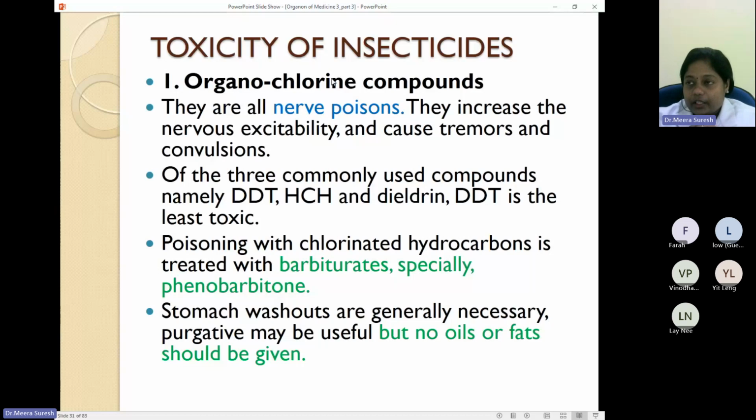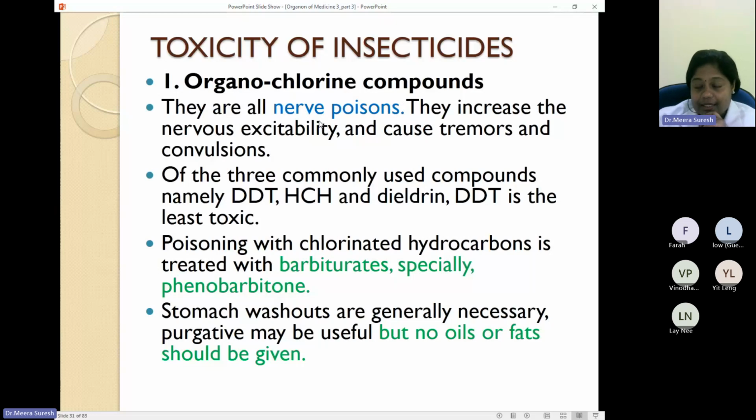It's not that we are going to die the very next second after inhaling these poisons, but it is toxic actually. So there are people who use it, especially by ingestion, and then it can result in their death. The organochlorine compounds, we learned, are nerve poisons.